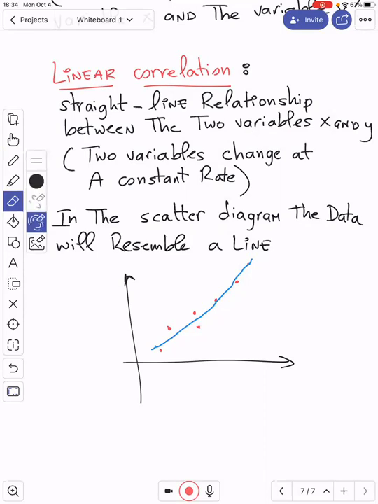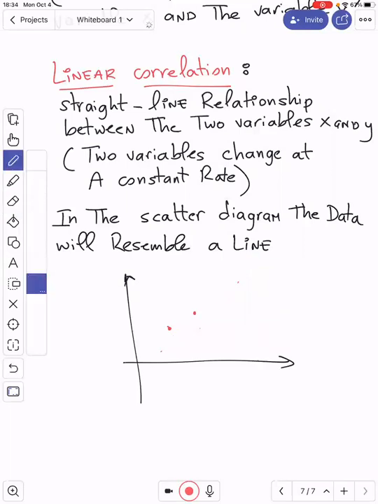My line is not really straight, so let me draw this line again. So again, I have all these points. All right, and then here we're going to have, let's say, this line, which is kind of the closest to each point, okay?